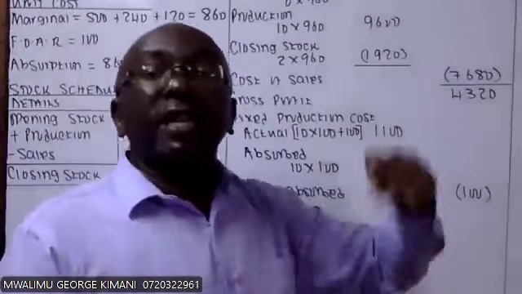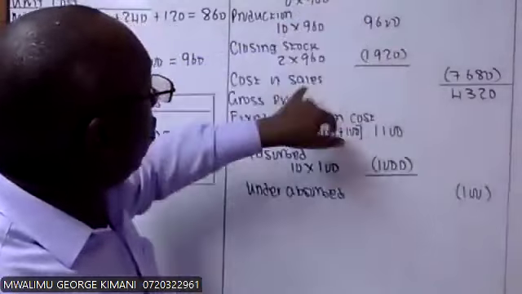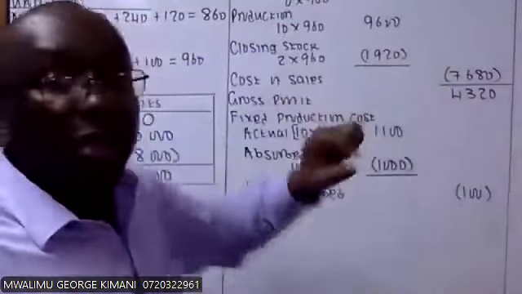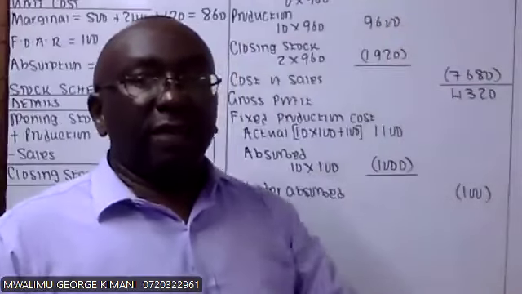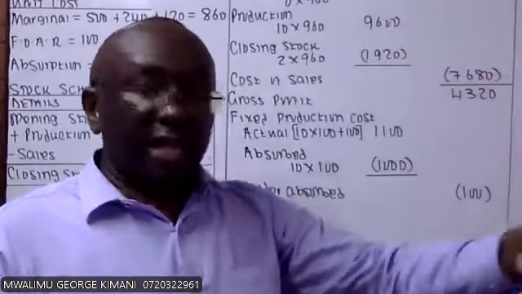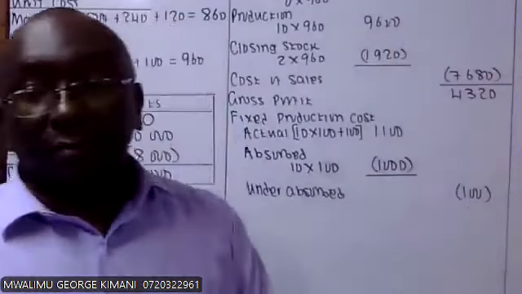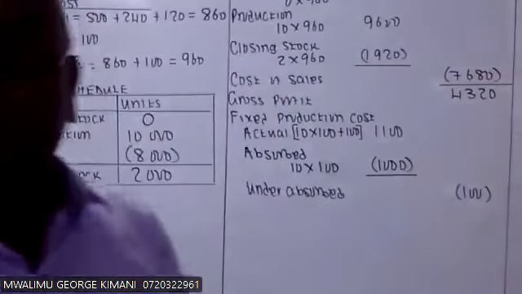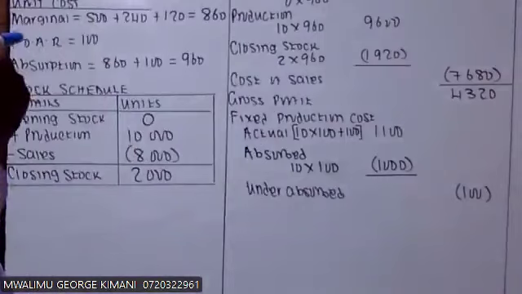But we spent 1,100. So at this point in what we are calling cost of sales, we have not fully charged. Therefore we must do the full charge by coming here and subtracting again. Is that okay, Florence? Yes, it is. Good.